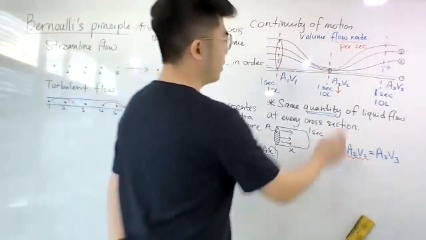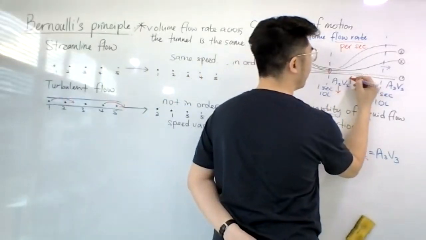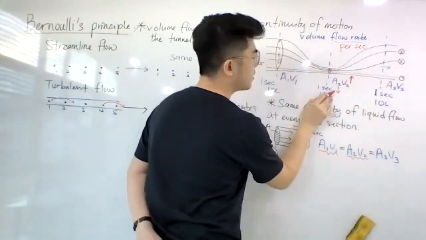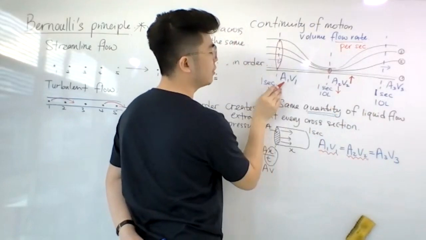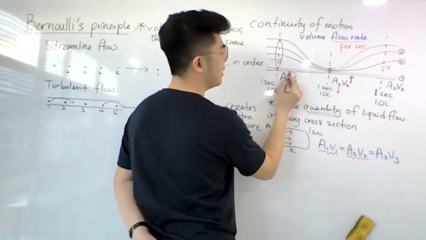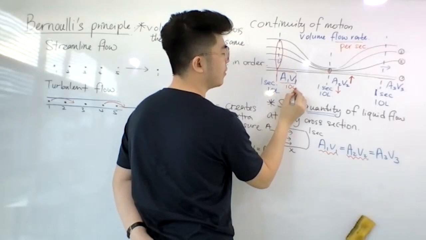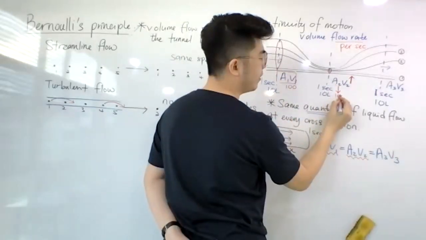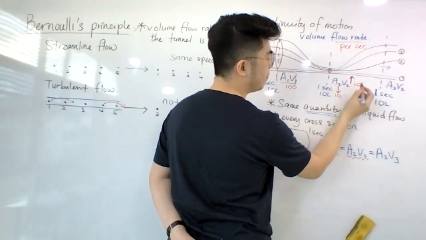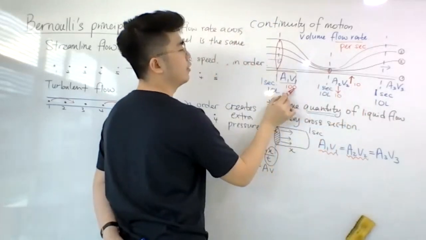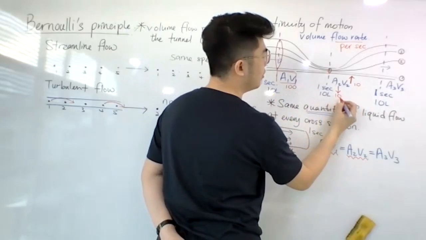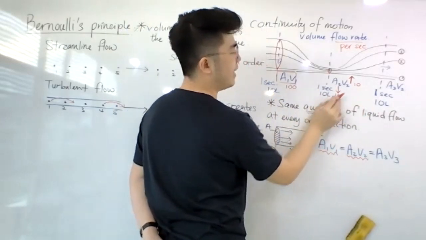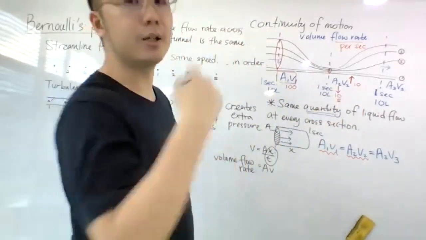The velocity will be higher, because it has to be the same as this one. Whatever the quantity here, if this is 100, and the area decreases to 10, the velocity has to be 10 times higher to get 100. If the area decreases to 5, then the velocity has to be 20.